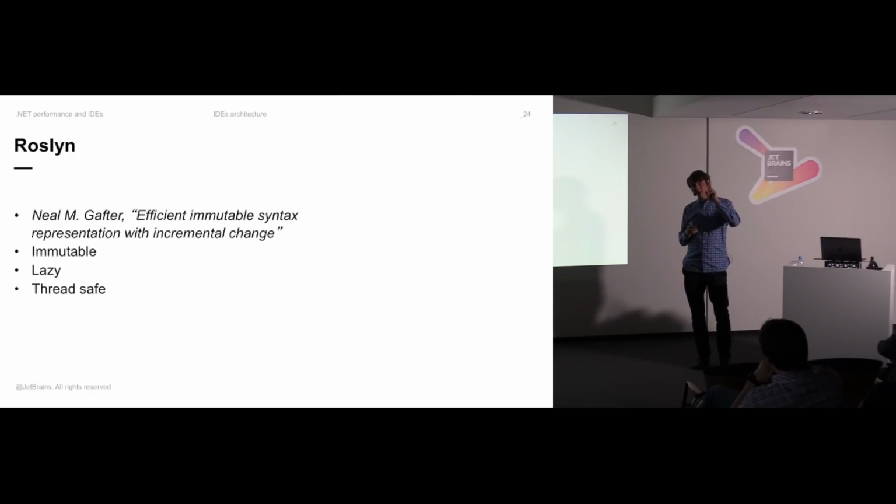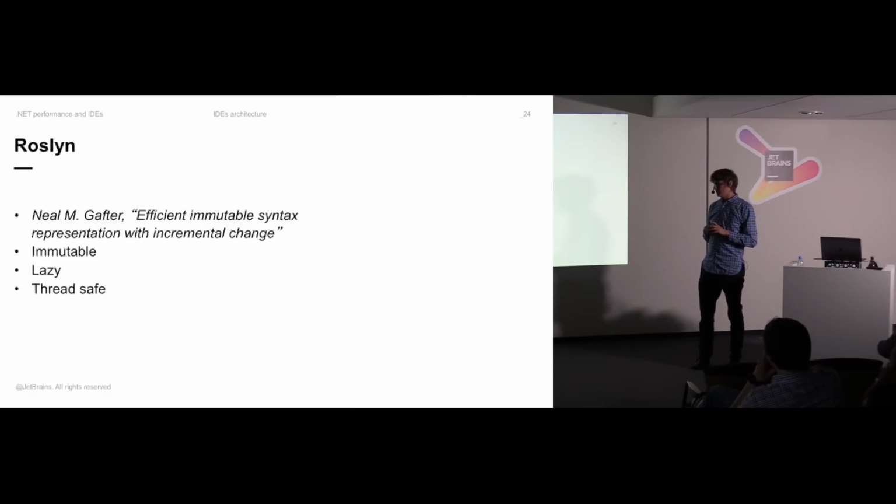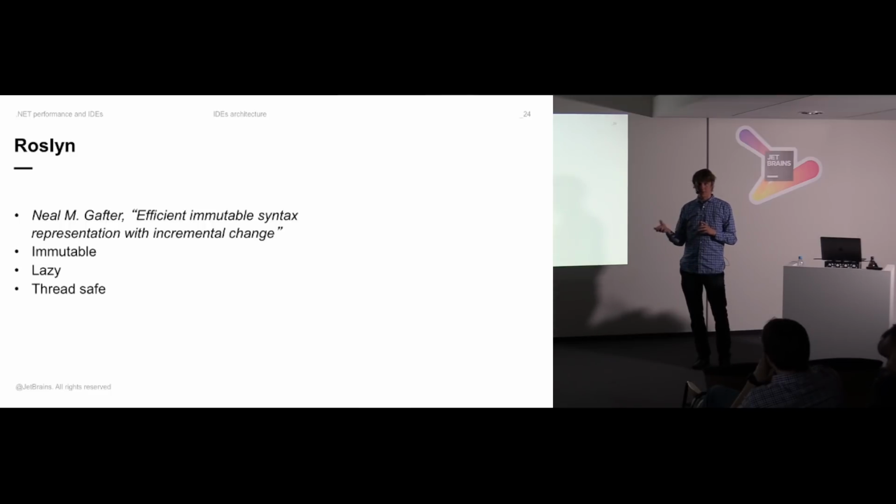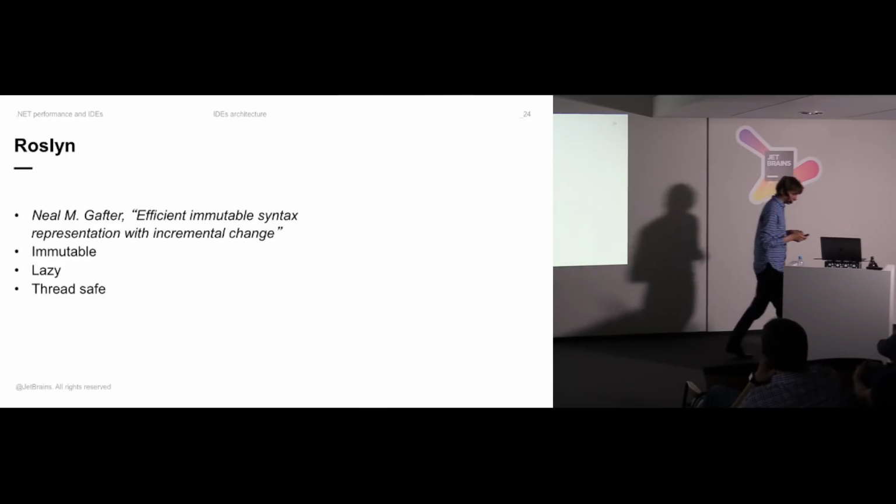All IDEs build a syntax tree on top of this file, right? And when you modify this file, what ReSharper does is it modifies this tree in the memory. And this tree, again, as I showed you, is part of this content model, right? What Roslyn does is absolutely different.